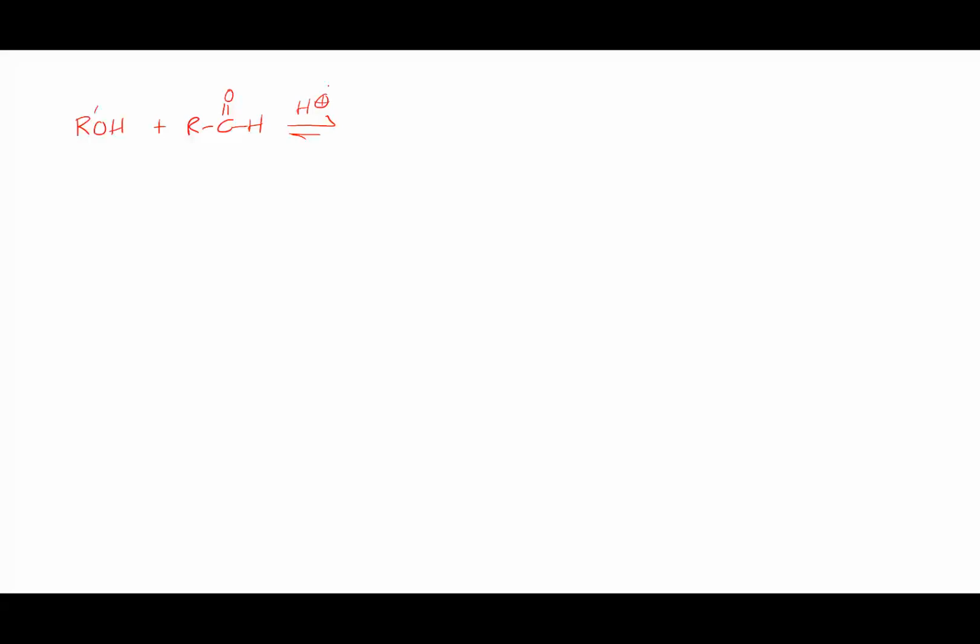First, protonate the oxygen. I'm going to use the intermediate with the plus charge on the carbon. Next step, add the alcohol to the C+, just like you would do any SN1 mechanism.